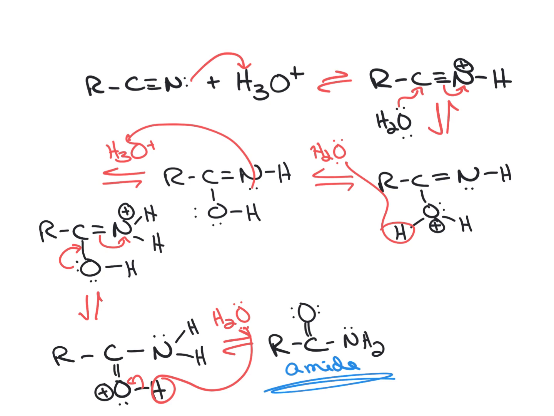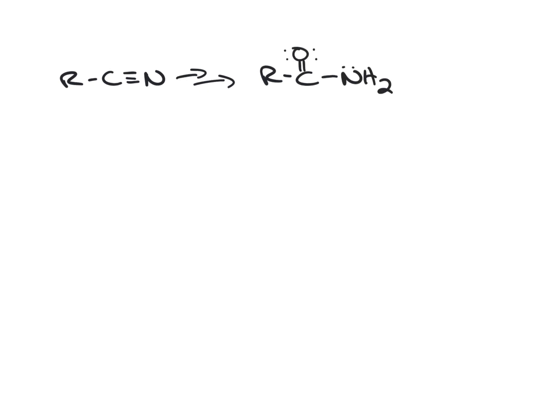Depending on the specific reaction conditions, hydrolysis of a nitrile could stop here at the amide, or it can continue forward to the carboxylic acid. So we're still looking at the hydrolysis of a nitrile. And on the last slide, we saw that it goes to form an amide. So from here, we're still under acidic conditions.